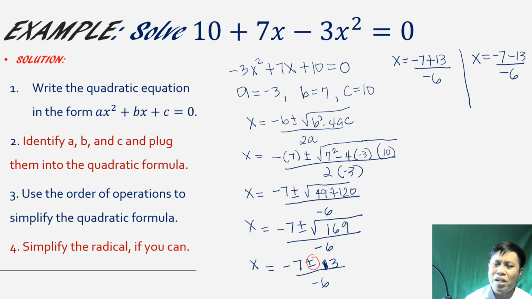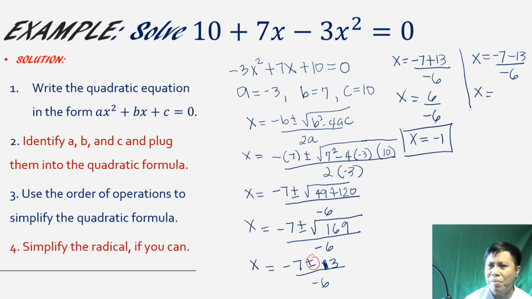So negative 7 plus 13 is positive 6 divided by negative 6. So your x now is negative 1. Okay? So the other equation, x equals negative 7 minus 13. This is negative 20 divided by negative 6.